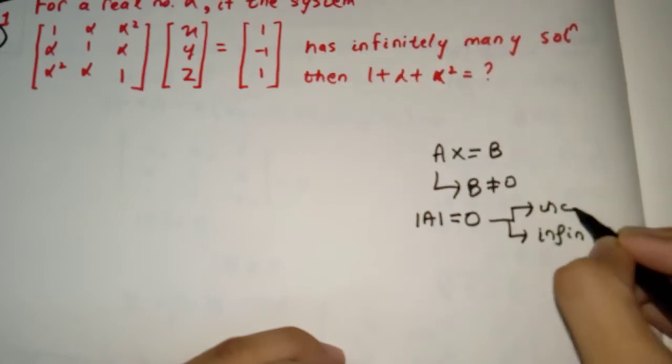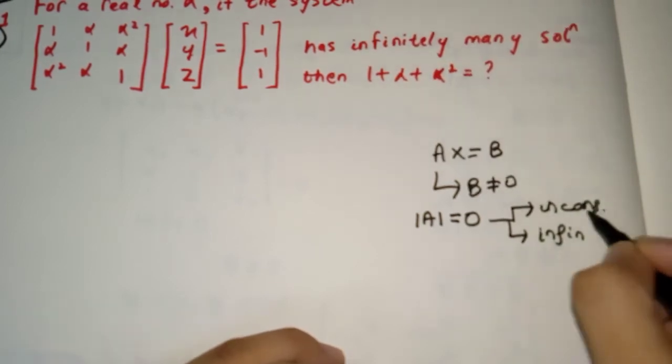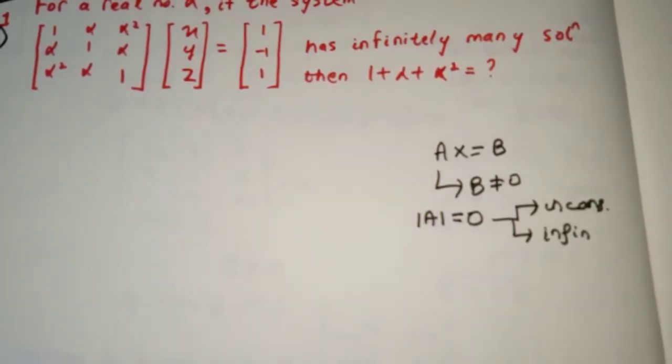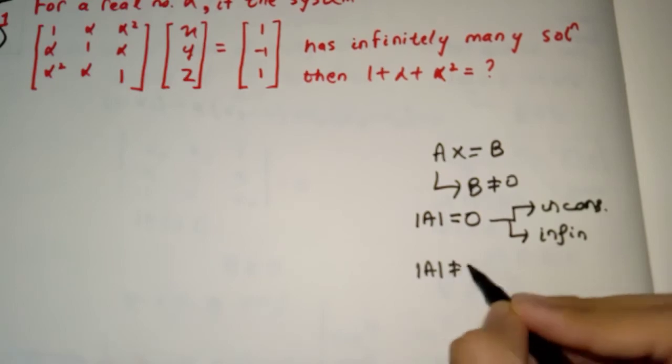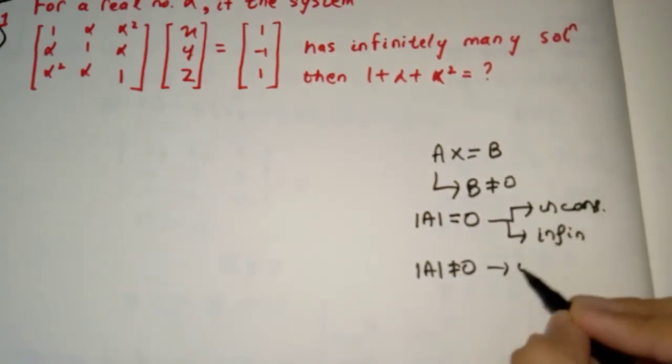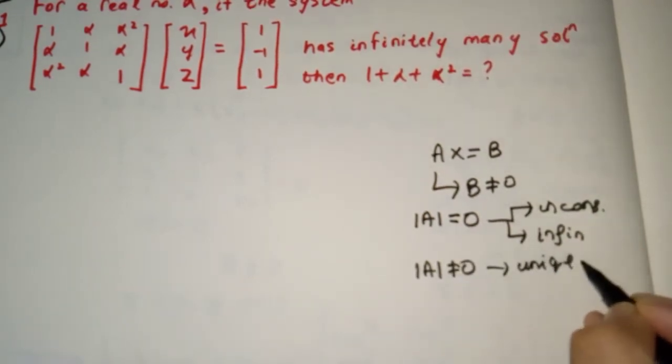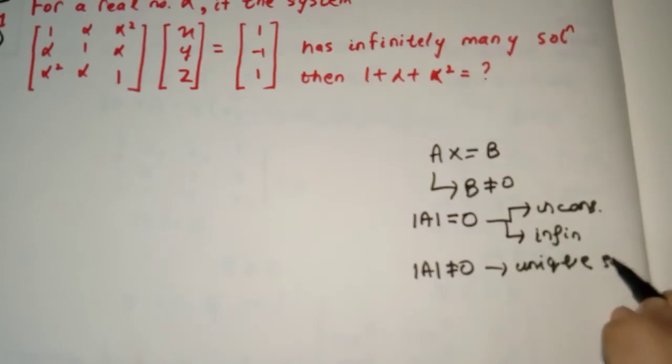It may be either way, we can't say. The system may be inconsistent or it may have infinity solutions, that's for sure. Now when mod A is not equal to 0, we have a unique solution for sure. I guess it's clear now.